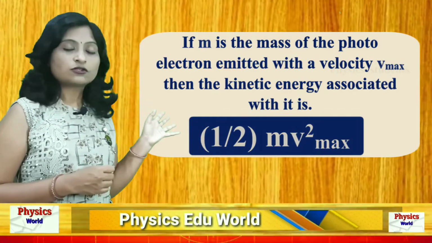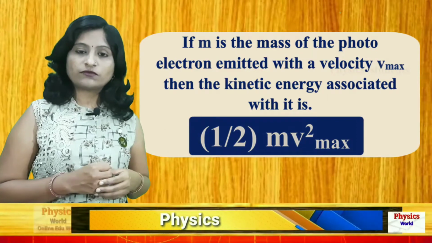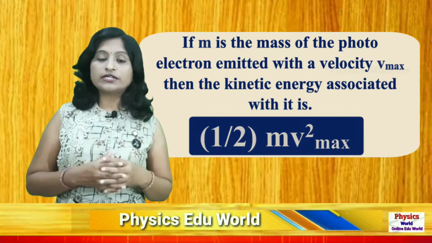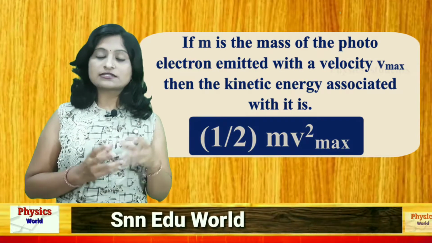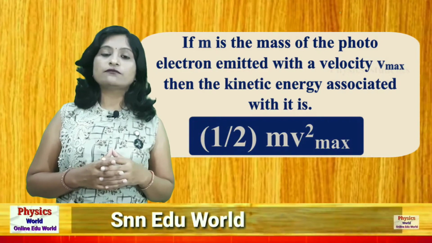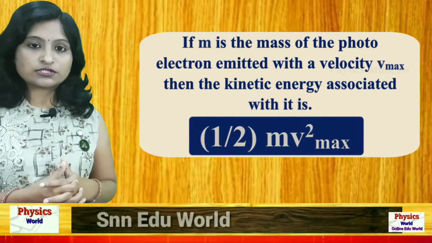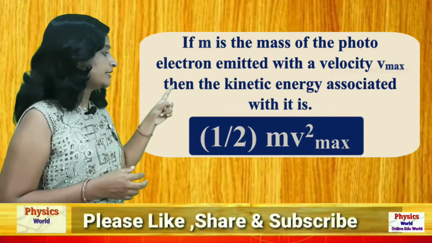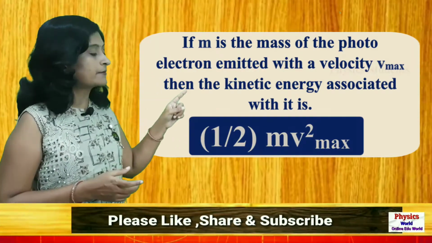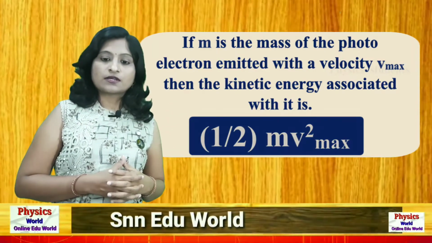So these photoelectrons move with the maximum velocity v max, and the kinetic energy of these free electrons can be given in the regular manner as 1/2 m v squared. Instead of v squared, we take the maximum velocity squared. So the kinetic energy of these photoelectrons is 1/2 m v max squared.